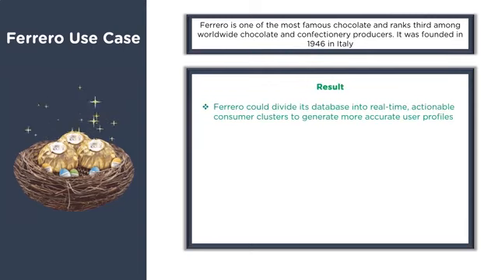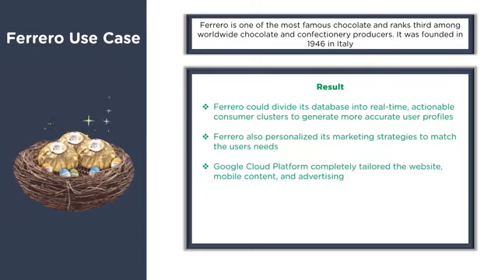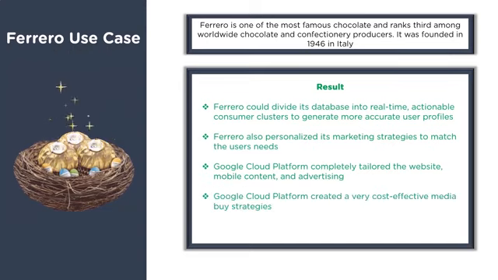What was the result? They could divide their database into real-time, actionable consumer clusters to generate more accurate user profiles. Ferrero was also able to personalize its marketing strategies to match user needs. Google Cloud Platform completely tailored the website, mobile content, and advertising, and created a very cost-effective media buy strategy.